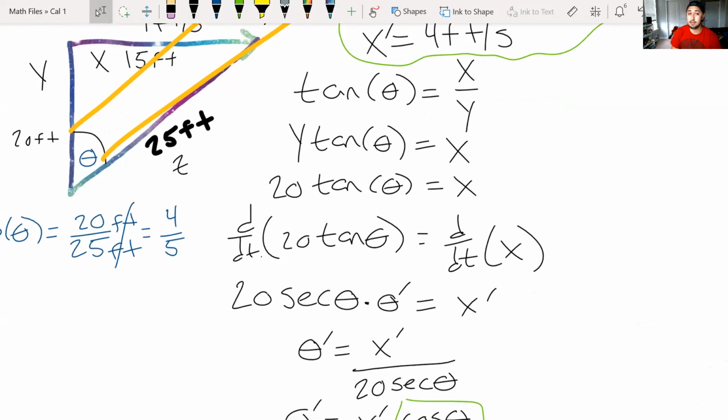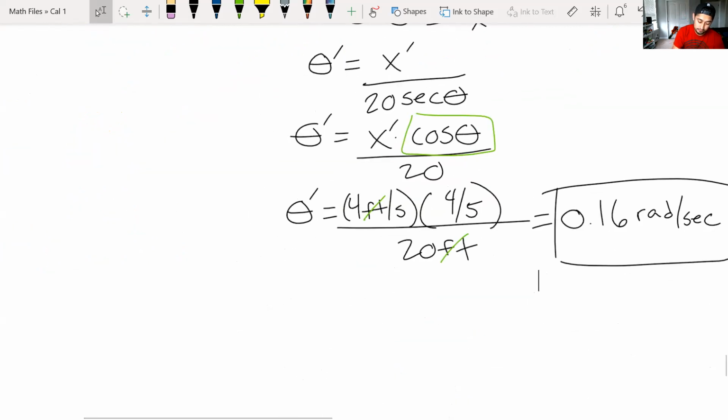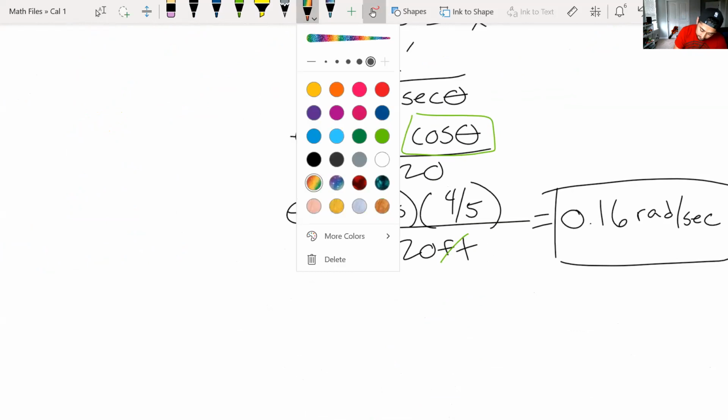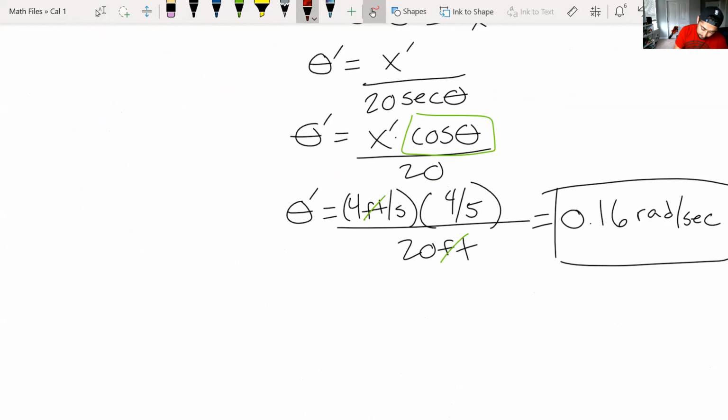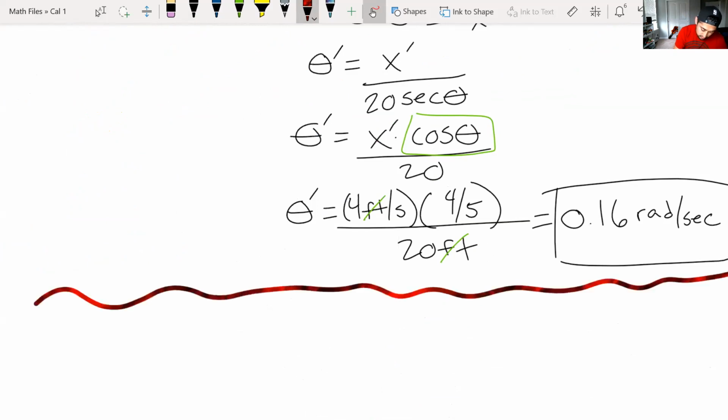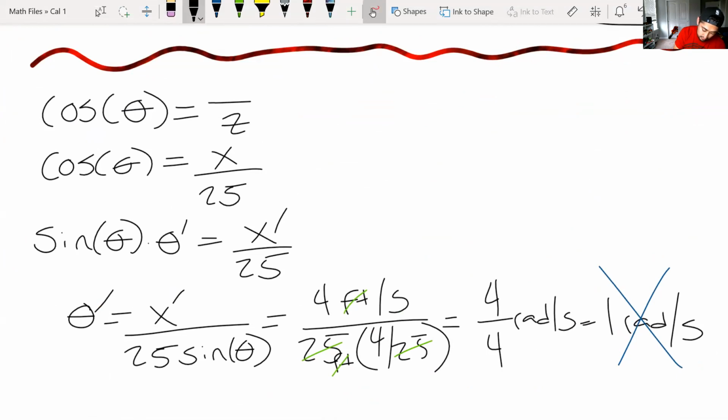Okay, so little edits here of why we didn't choose everything else, right? Why cosine and sine didn't work. So let's see. If I do this down here, let me separate that. Y over z, which means that you'd get a y prime, you'd get a z prime, which we don't want, which means that you would plug in, and that would be 20 over 25.